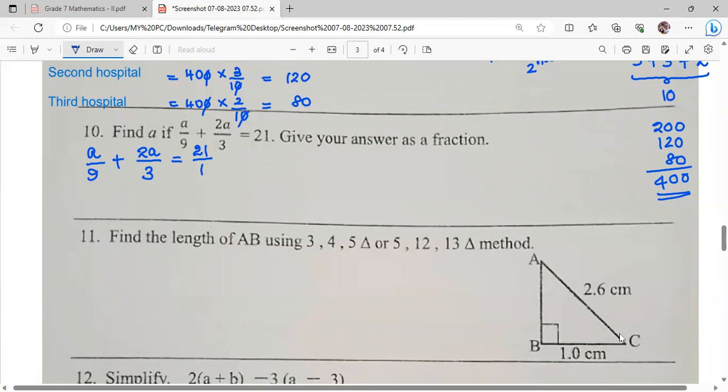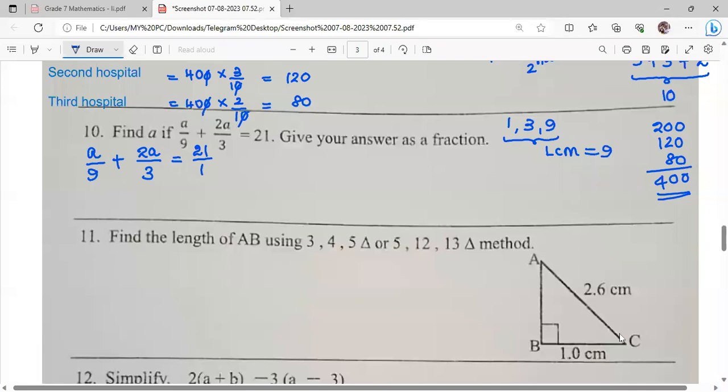Because otherwise two items are in fraction and the other one is in whole number format. So I converted the 21 also to fraction format, which becomes 21/1. So I have the denominators 1, 3, 9. The LCM of the denominators is 9.